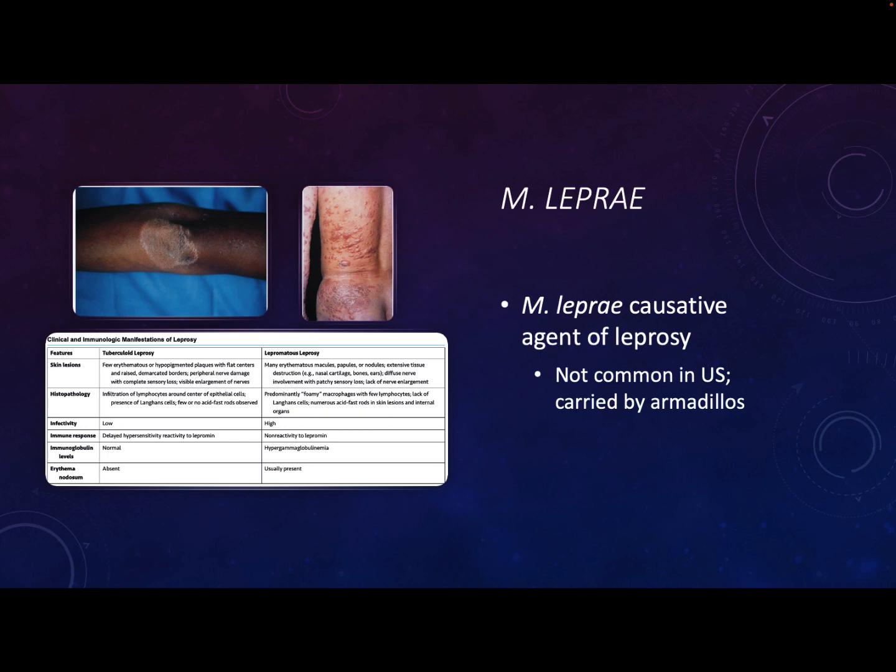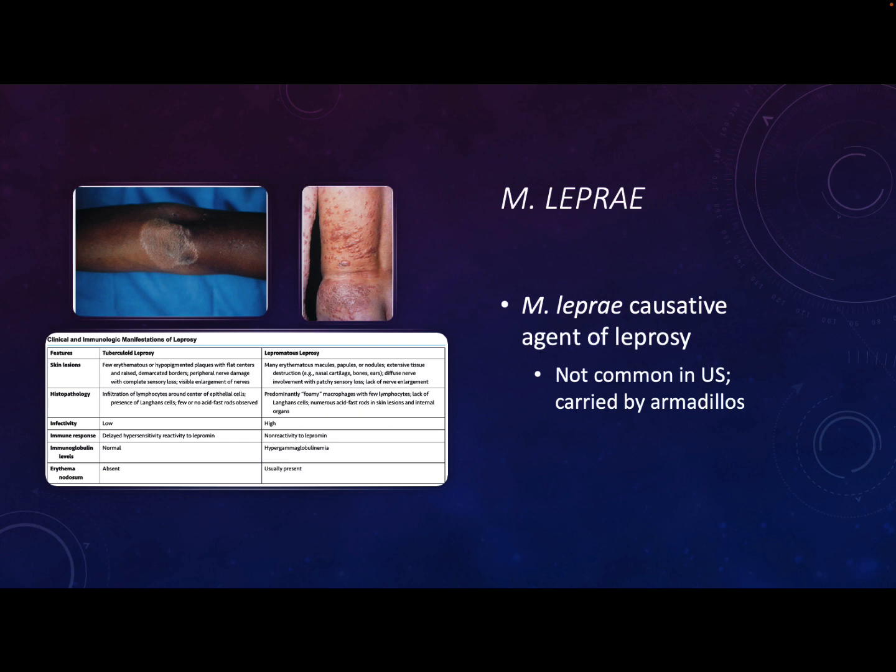The other slow growing Mycobacterium that is relatively-ish common is Mycobacterium leprae. This is the cause of leprosy. It is not super common in the US. It does exist. There is one reservoir host, armadillos.